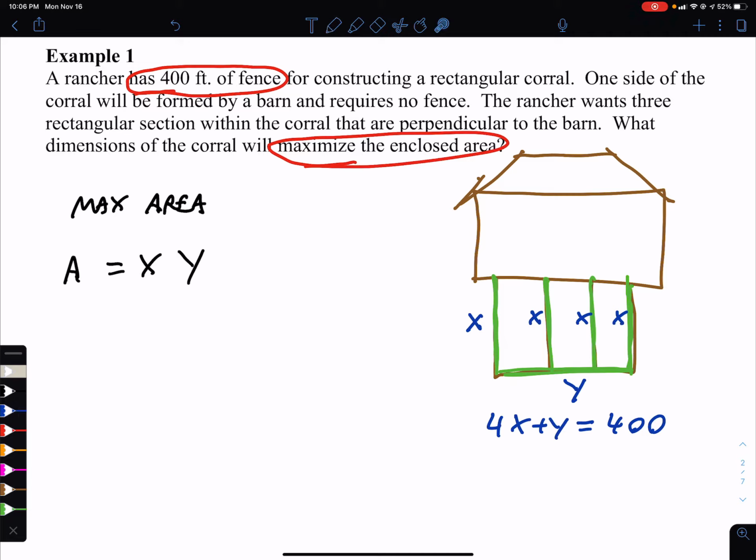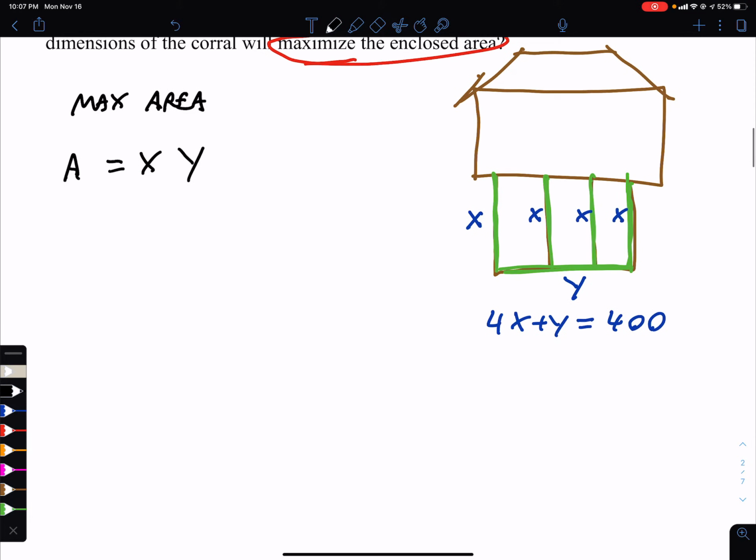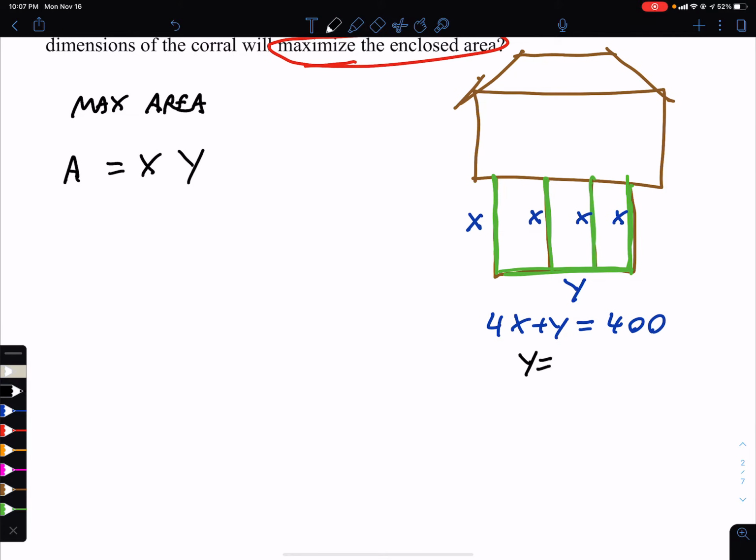So you have a choice. Either get rid of the y by solving for y, or get rid of the x by solving for x. And I think it's quite obvious. It's going to be easier solving for y. Subtract 4x from both sides. Now you have an equation for y.